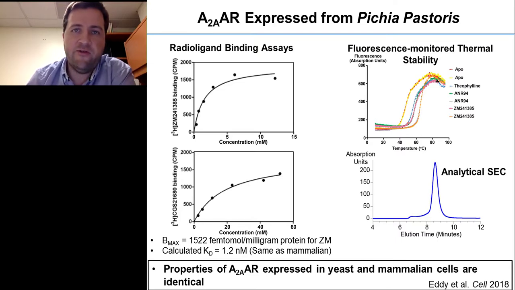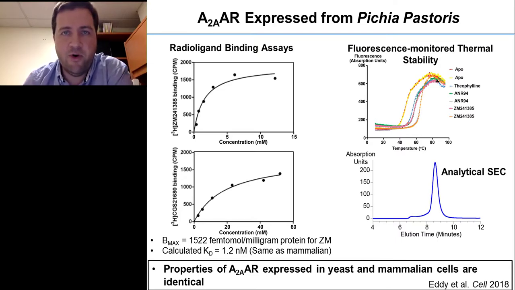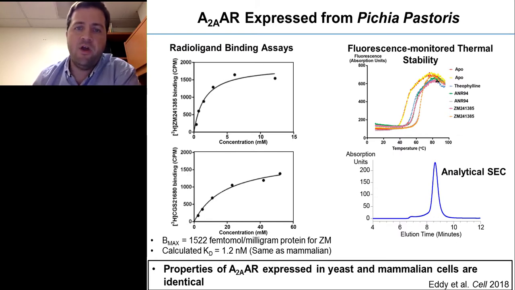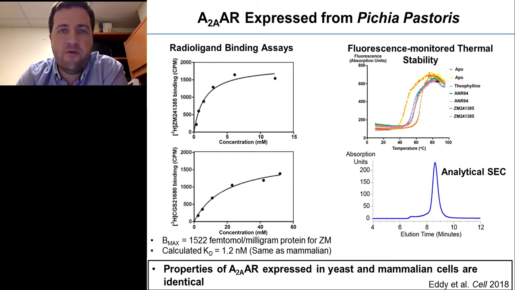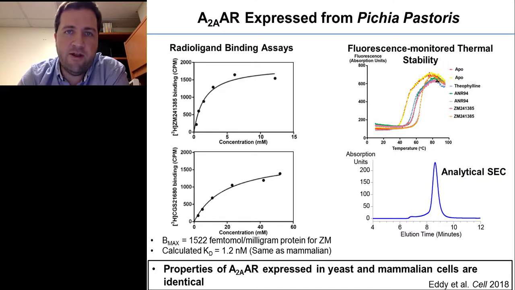We see essentially a single, well-resolved component indicating a homogeneous and monodispersed sample. On the top right, you see so-called fluorescence thermal shift assays, which we use to indirectly monitor ligand binding to GPCRs. These S-shaped curves shift to the right, indicating ligand binding to the receptor, increasing its melting temperature, indirectly also validating the ligand binding assays.